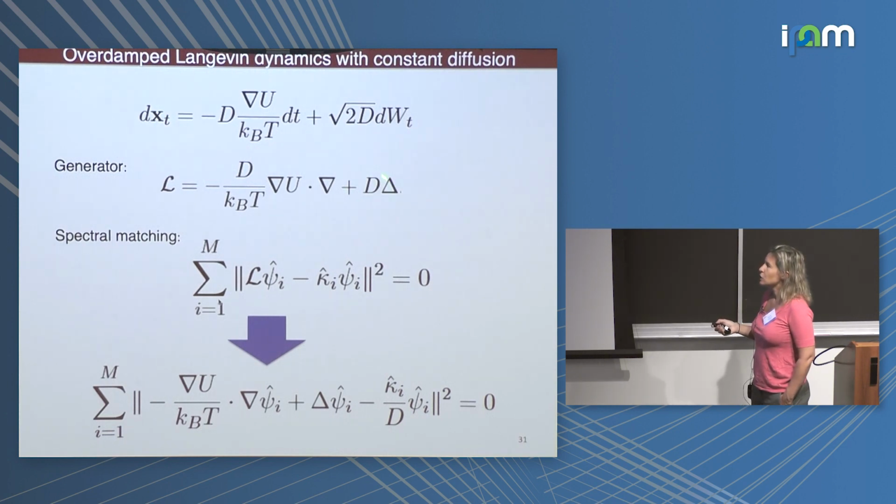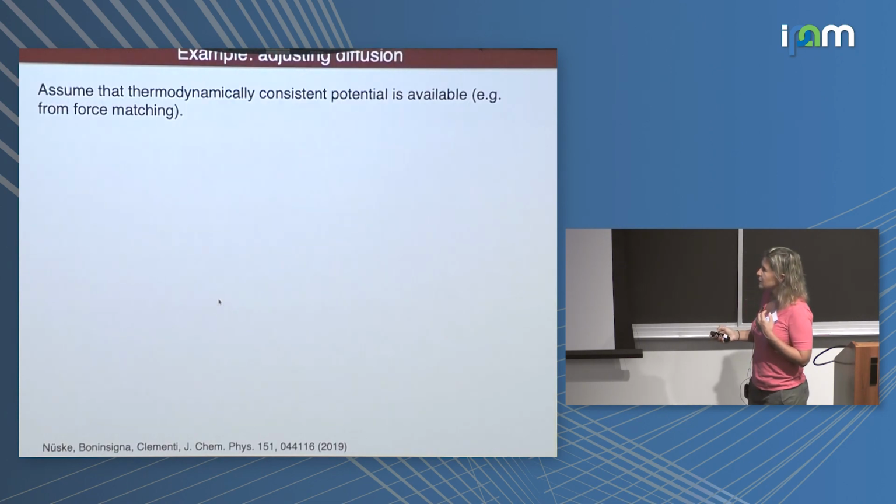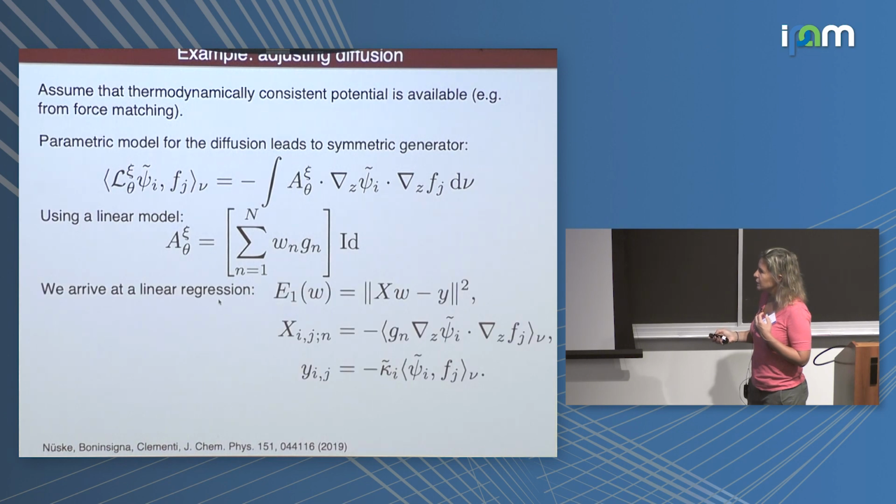Then we can use this to learn the diffusion coefficient. We can take a diffusion coefficient that is position dependent to recover the dynamics. Instead of changing the potential itself that we already obtained with force matching, we can modulate the diffusion coefficient with spectral matching to learn the dynamics. And this is what we get here.